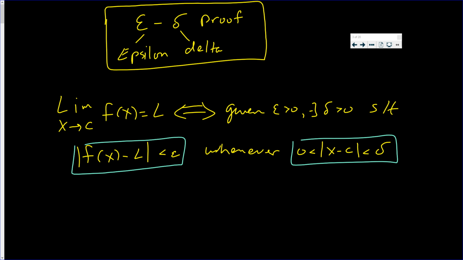The left one says, if we remove the absolute value bars, that what's in between the bars is between negative epsilon and positive epsilon. If I add L to both sides, I learn that f of x is between L minus epsilon and L plus epsilon. Now, if we ignore that this is bigger than 0.